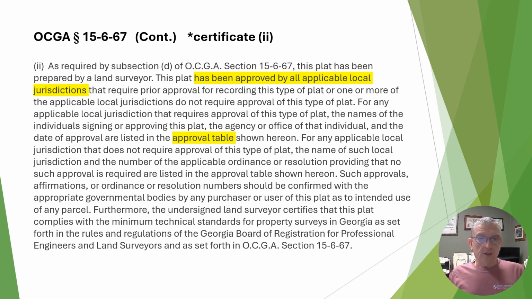So, again, the other little i certification 1 has this same language. I didn't go over that the approvals or affirmations should be confirmed with the governmental bodies before any purchaser relies on it.